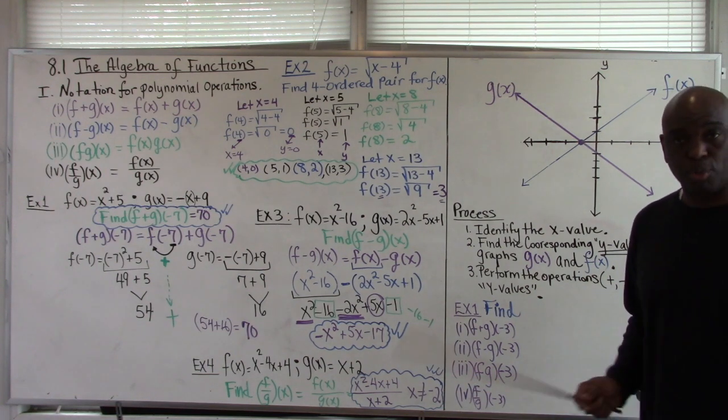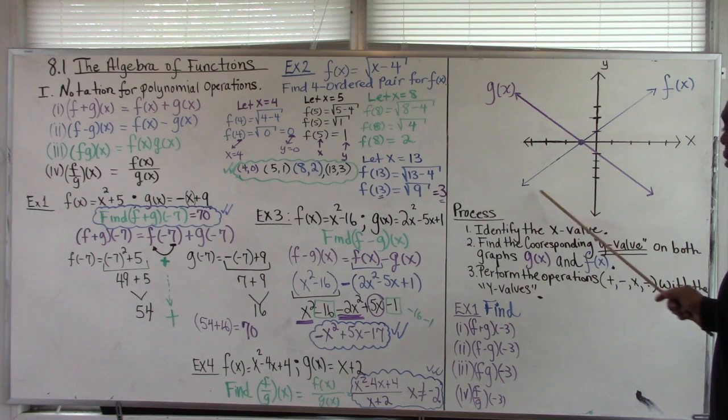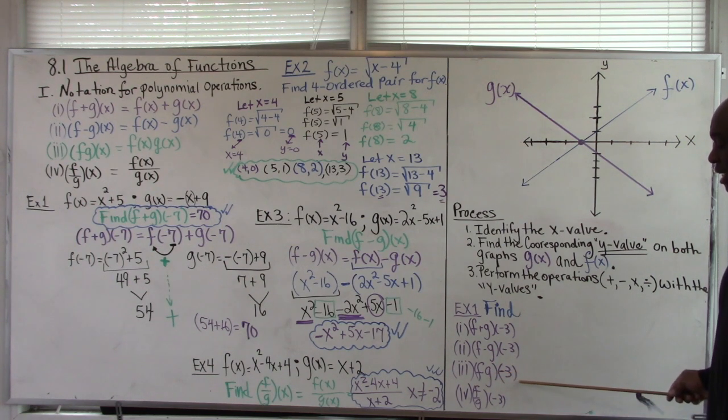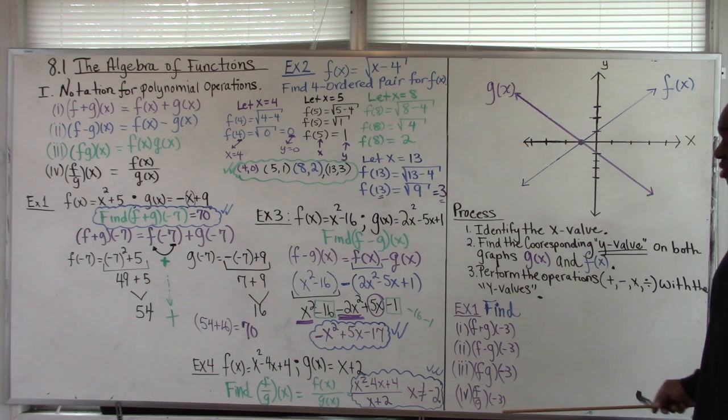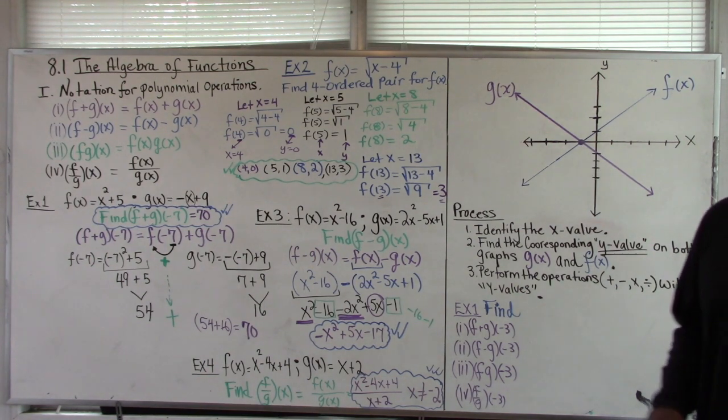One of the graphs purple, one of the graphs blue. We have a decreasing graph that's purple, increasing graph that's blue. Alright? And you're going to be asked to do some things like what? Find f plus g of negative 3, f minus g of negative 3, f times g of negative 3, and f divided by g of negative 3. Okay? And so to do this, we give you the process. Here's the process. 1.